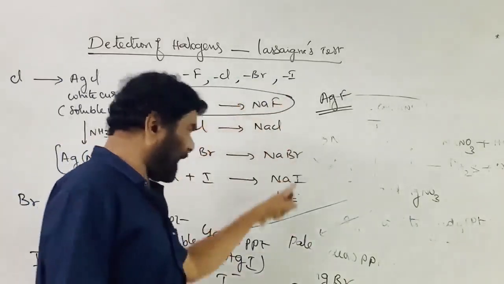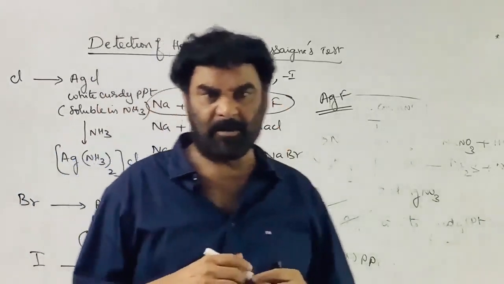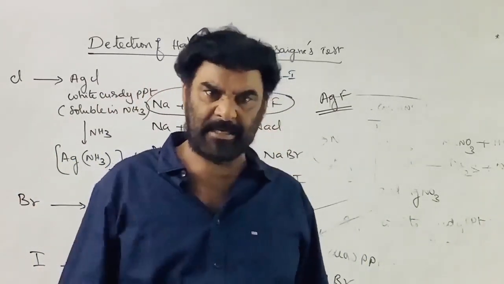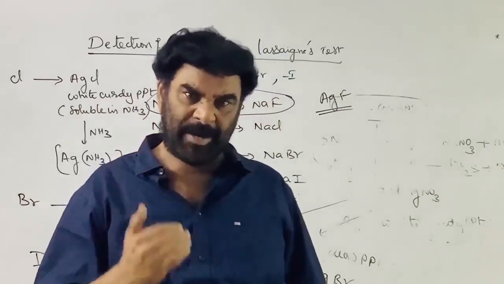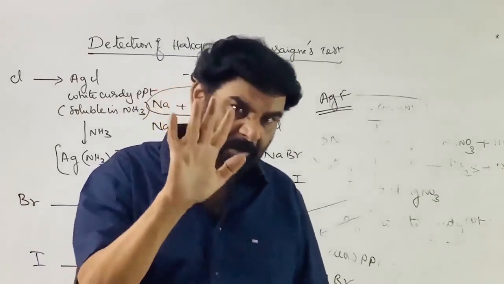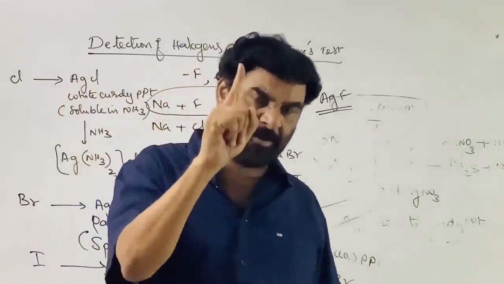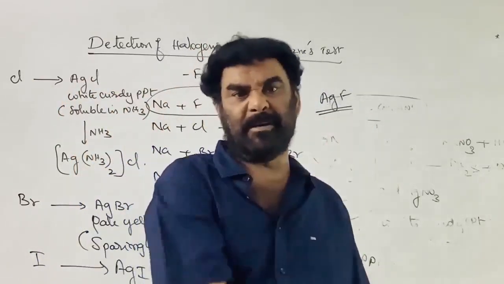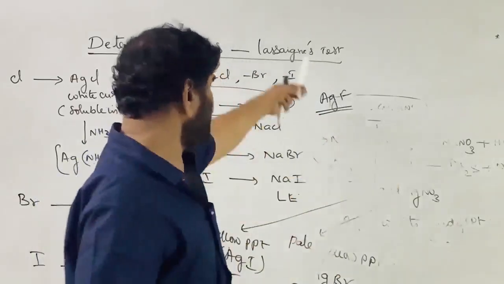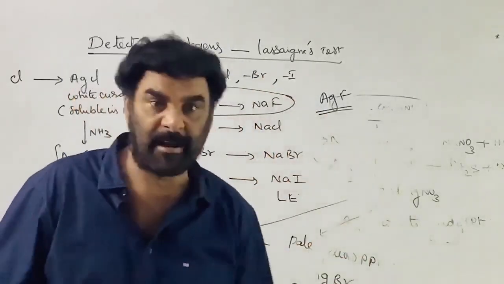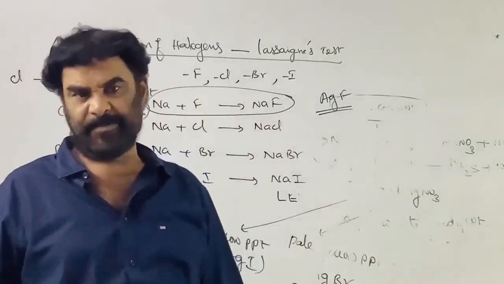Among the silver halides, chloride, bromide and iodide are insoluble in water, but silver fluoride is soluble in water. So by using silver nitrate, the fluoride ion in the Lassaigne's extract cannot be detected.